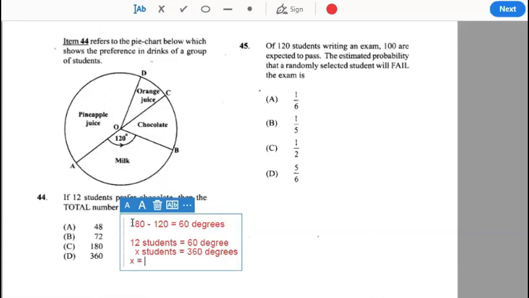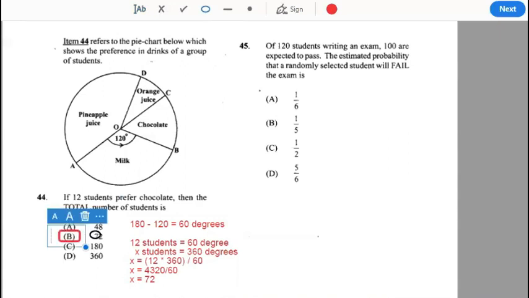So x is equal to, after cross multiplying, 12 multiplied by 360 divided by 60. x is equal to 72, 0 cancel 0, then 6 into 432, and your answer will be B. You could also work it by saying, since I found the degree that is attached to 12 students, the remaining degrees for the rest of the pie chart is 300, so you could find what x is, and you get 60 students remain for the remainder of the pie chart.